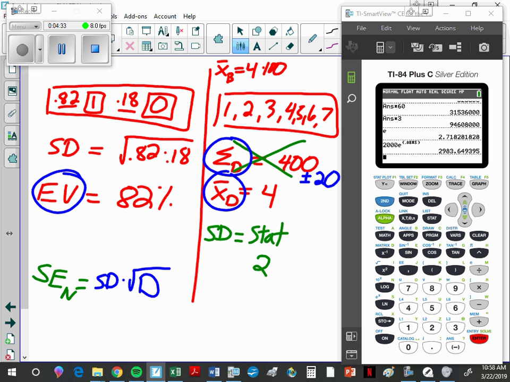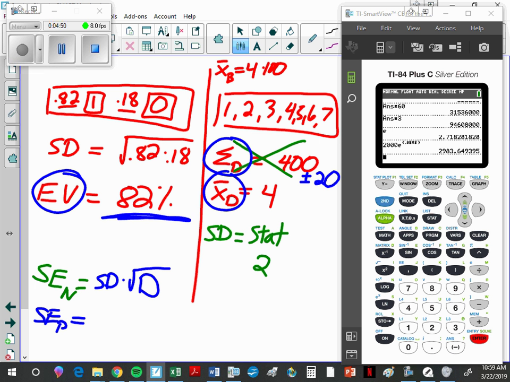How do we calculate standard error for, let's do percentage. Which one does this apply to? The 82%.